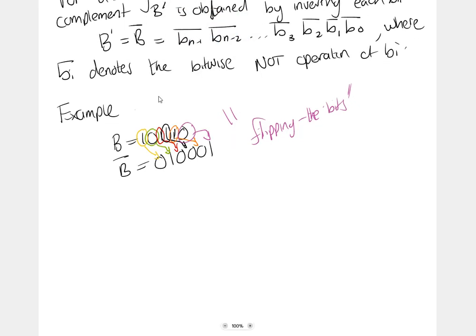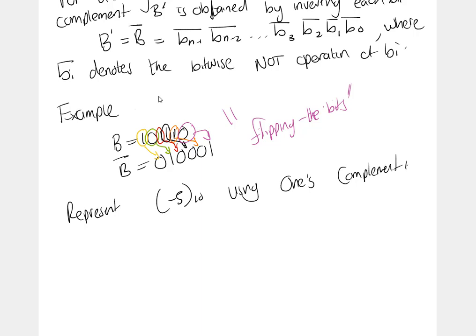Let's look at an example of 1's complement. Let's say we represent -5 in base 10 using 1's complement in base 2. Usually when we talk about 1's complement, we are talking about base 2. So what is 5?